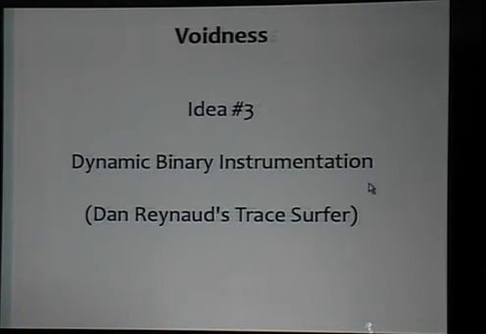Idea number three is this dynamic binary instrumentation I was talking about. Dynamic binary instrumentation, in case you're not sure, is really cool. It's like an x86-to-x86 just-in-time compiler that allows you to modify the code as it's going through the compiler.